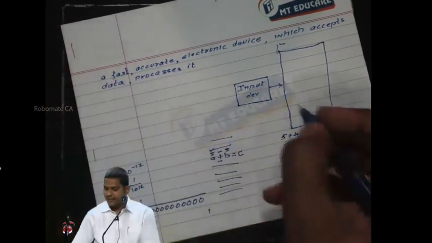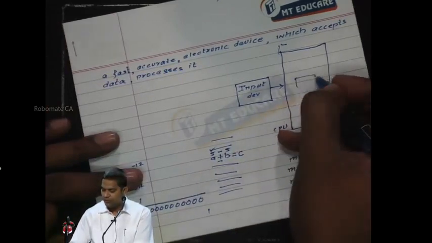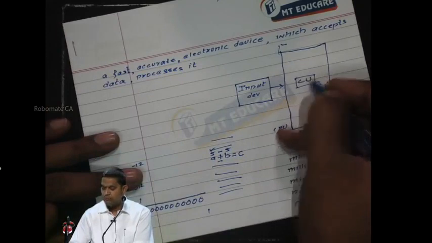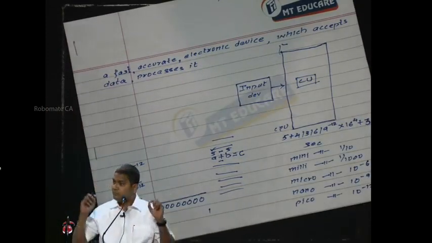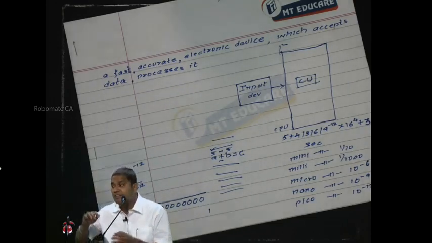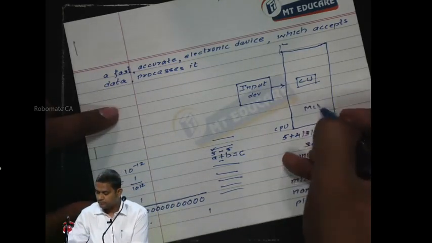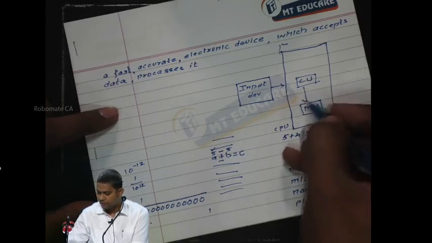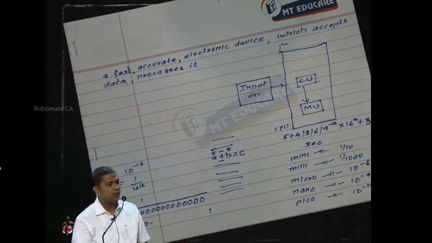And when it goes inside the CPU, where exactly does it go? It goes to the CU. CU is called the control unit. This control unit will send the data to the memory unit, because we want to store this data. So now this data goes inside the MU, that is, the memory unit.